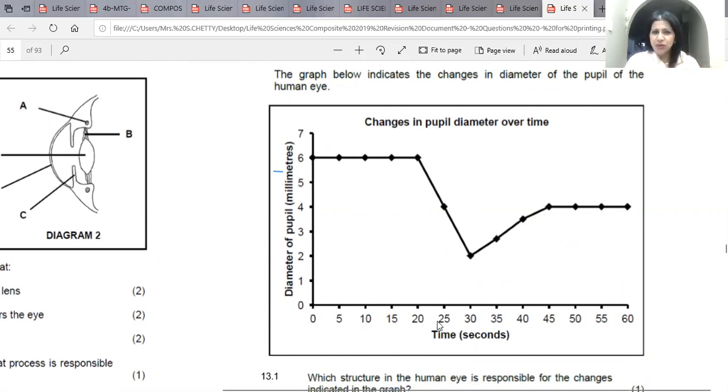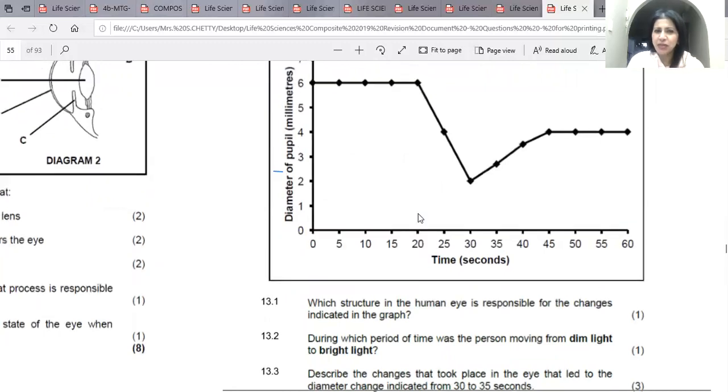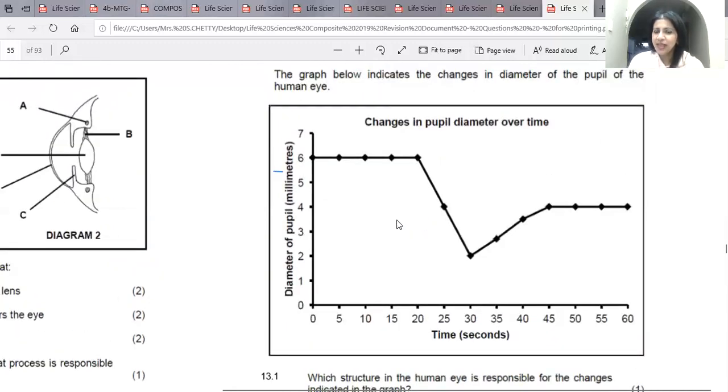So which period of time was it big and then moving towards bright light? From the 20th second to the 30th second. So here is where it was brightest. Are you with me? Okay.